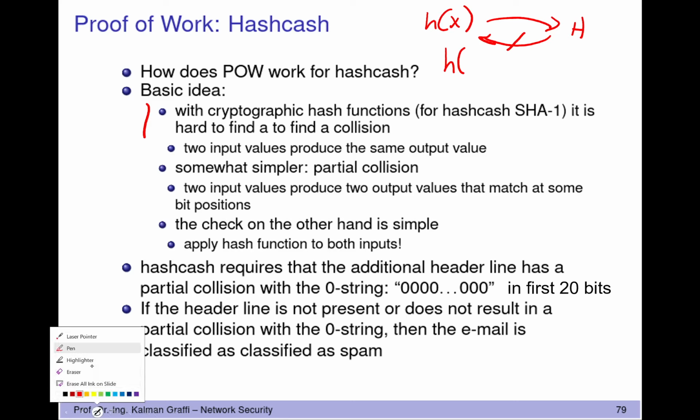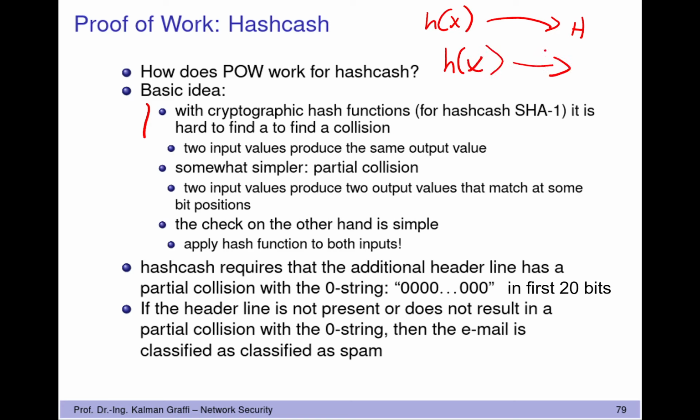So if you have the hash of x, then it is difficult to compute what x is. This is not possible. And because it's not easily possible, you can state a query that you want some kind of partial collision.